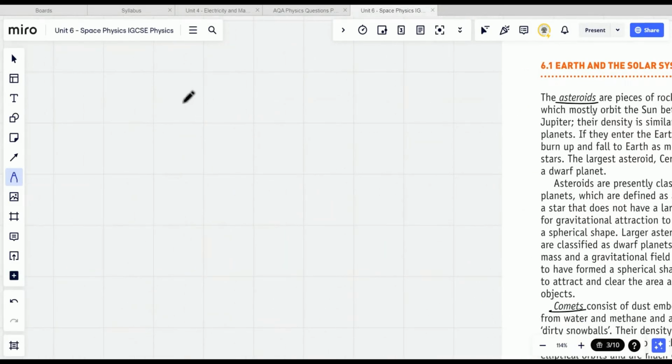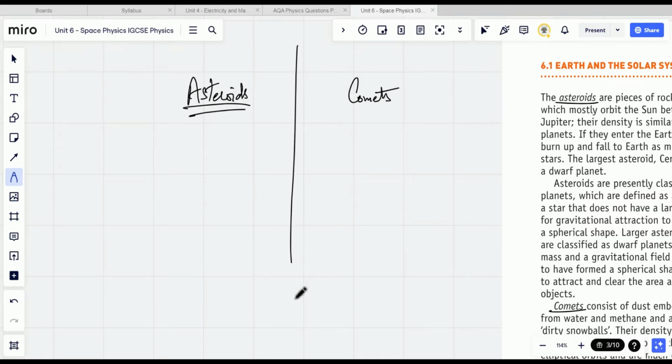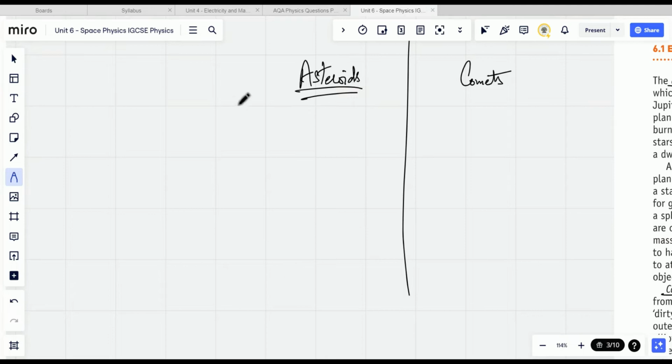Let's talk about asteroids and comets. All right. Let's first talk about what they are made up of, or their properties, or their composition.